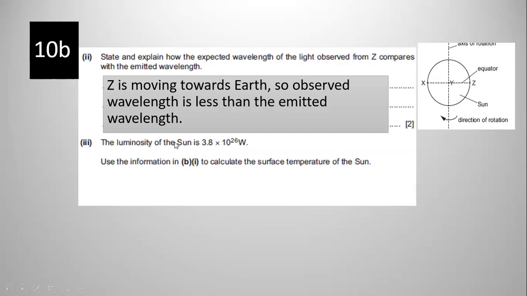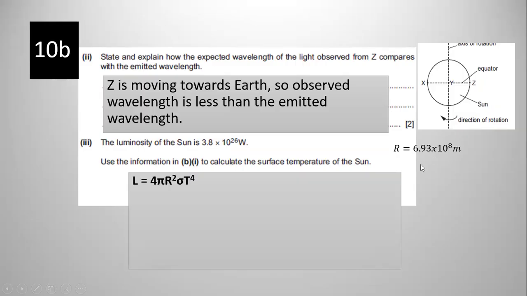The luminosity of the sun is given. Use the information in B1 to calculate the surface temperature of the sun. Right? We have got the radius. Use the luminosity formula from the formula sheet.